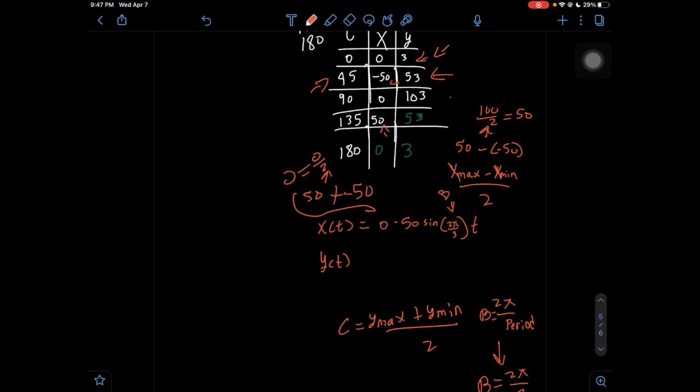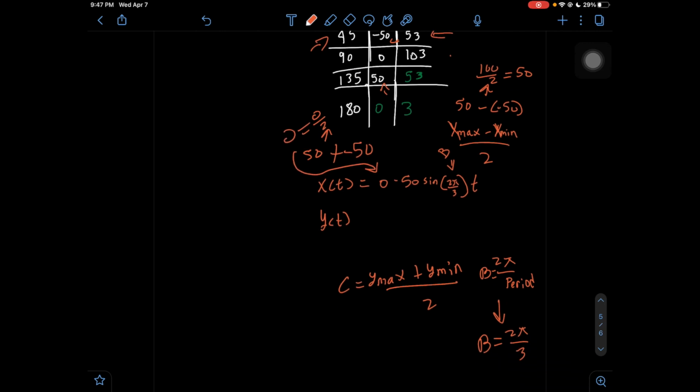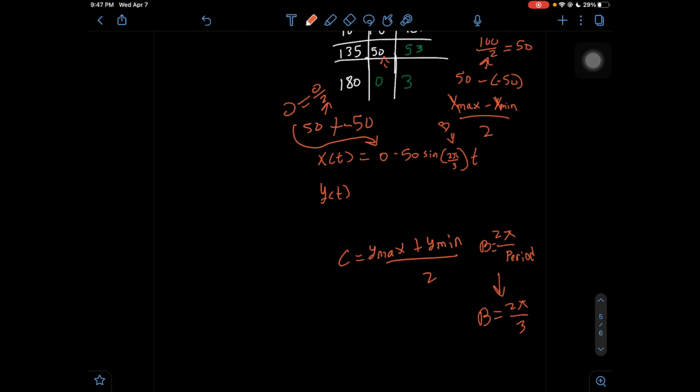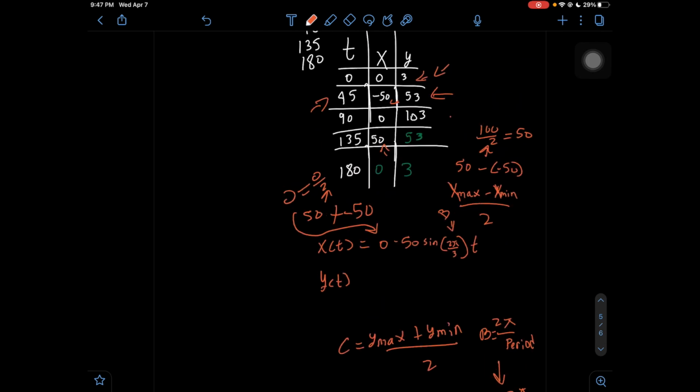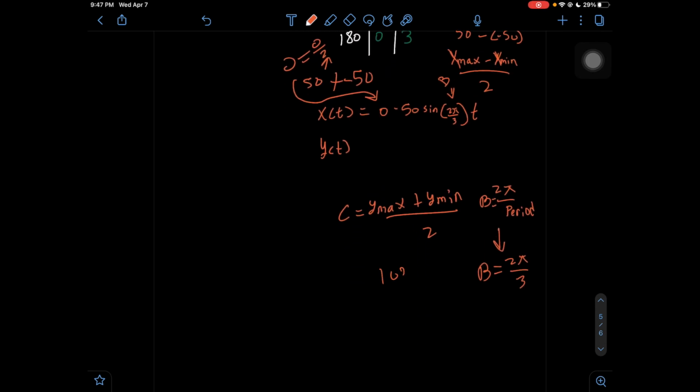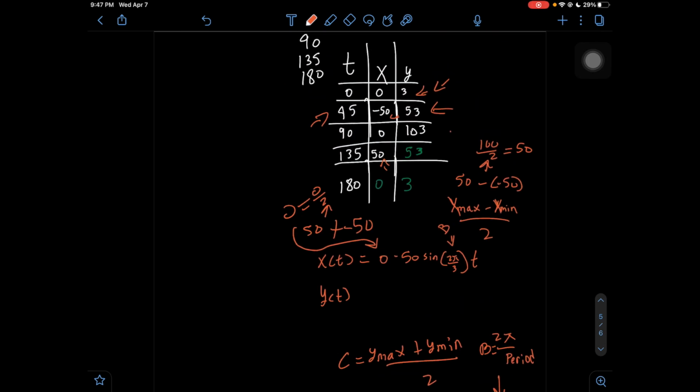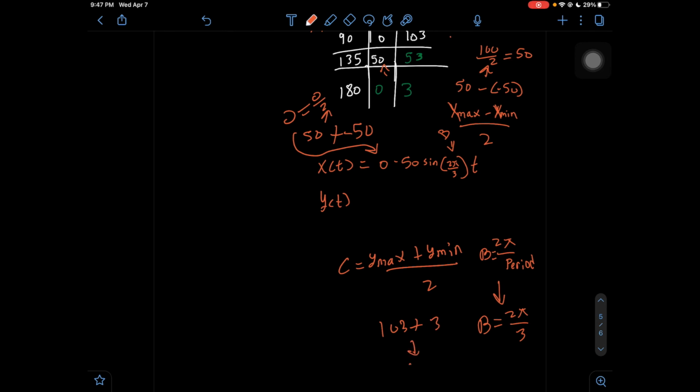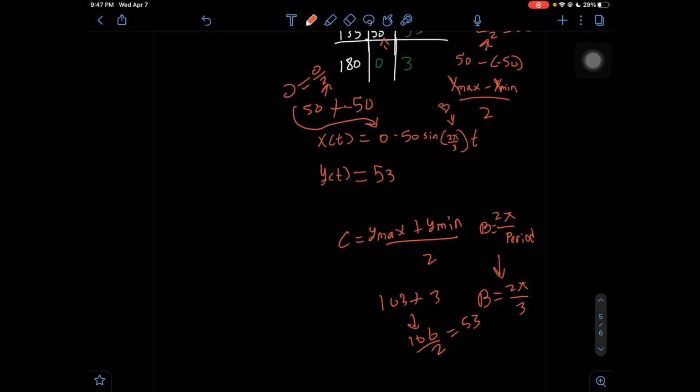That's why we got a c value of 0 for x of t. Now let's do the same thing for our y equation. Well, we have a y max of 103, so we have 103 plus our y min, which is 3, so we have 106 over 2, which means we have a c value of 53, so that's where our center line is.